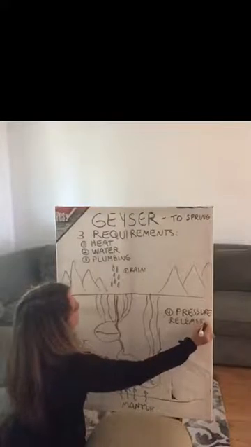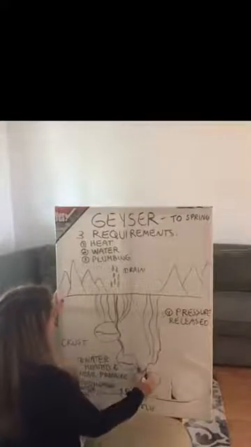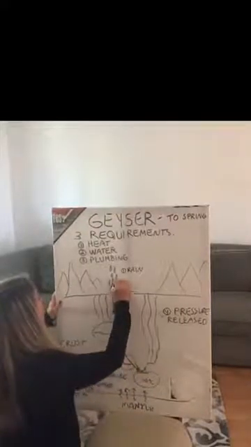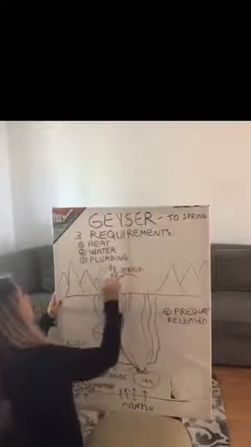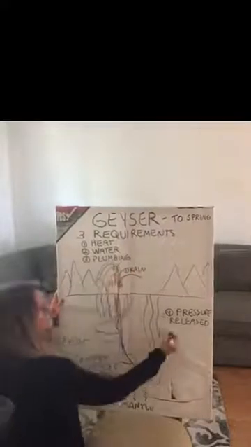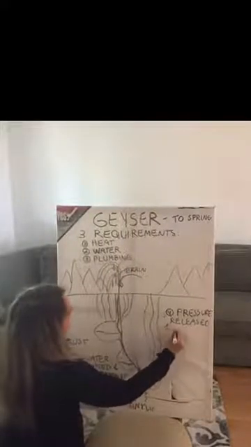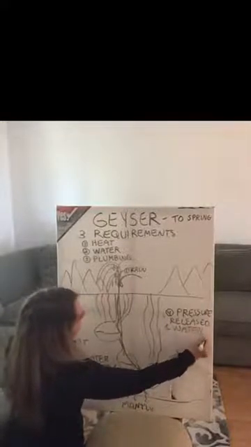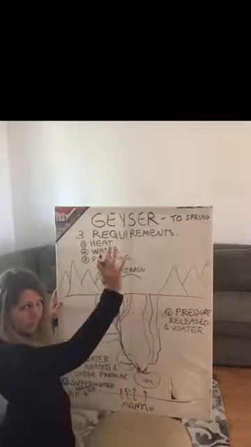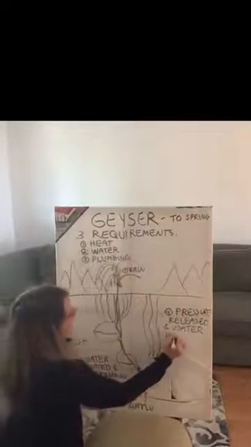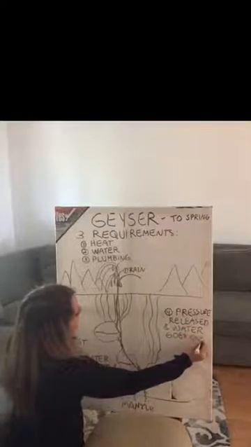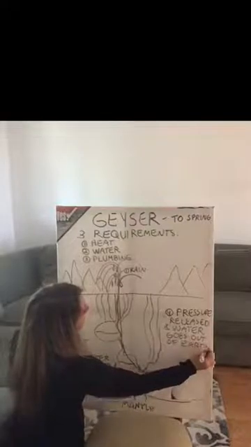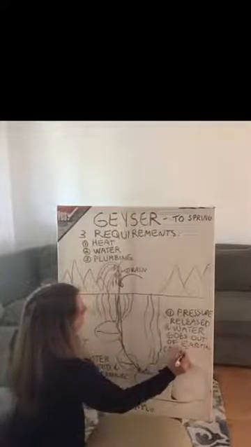Pretty soon the pressure is released and this water will go up and form a geyser. So the pressure is released and the liquid water goes through the surface of the earth, goes out, Earth's crust, in the form of a geyser.